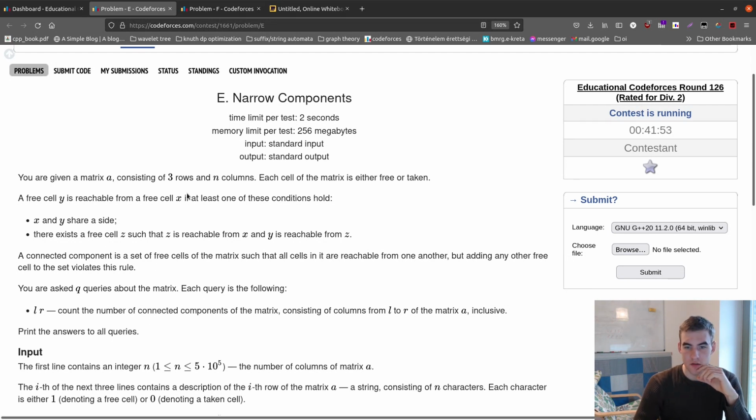A free cell Y is reachable from a free cell X if at least one of these conditions holds: X and Y share a side, or there exists a free cell Z such that Z is reachable from X and Y is reachable from Z. So all of them are reachable from each other.